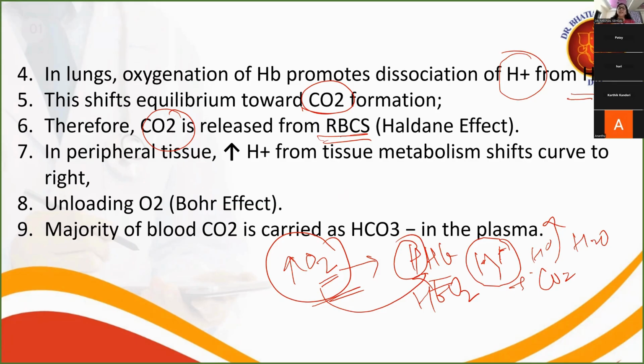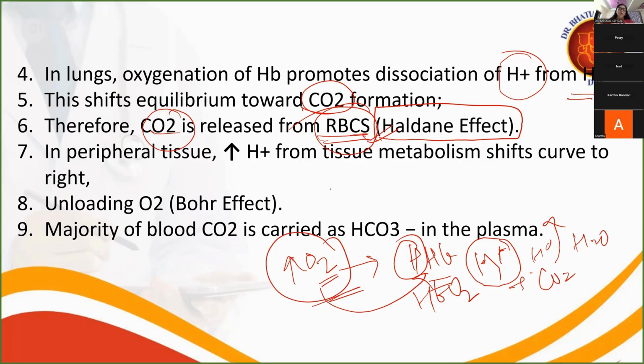So this release of CO2 from the RBCs, from the HHb format, when H is released and binds with the bicarb to form H2O and CO2, is known as the Haldane effect. So under the Haldane effect, CO2 is released from the RBCs and we expire the CO2.